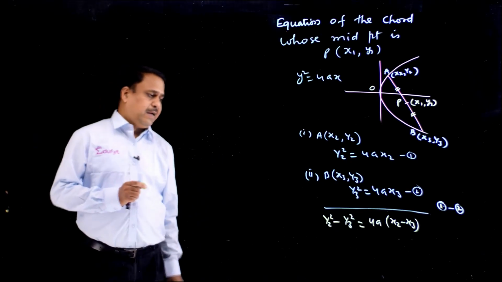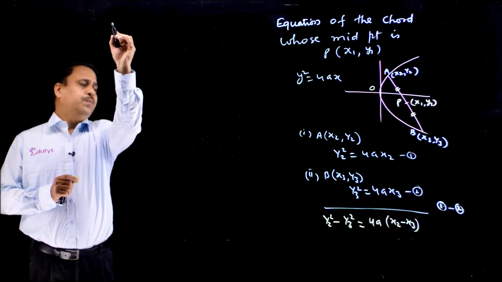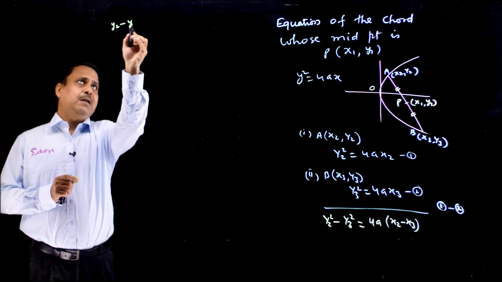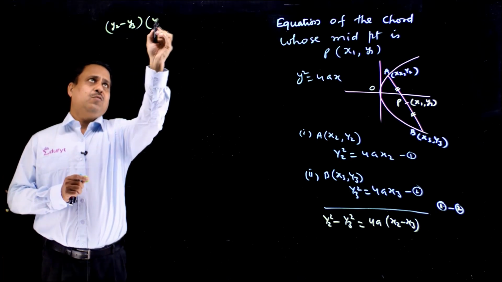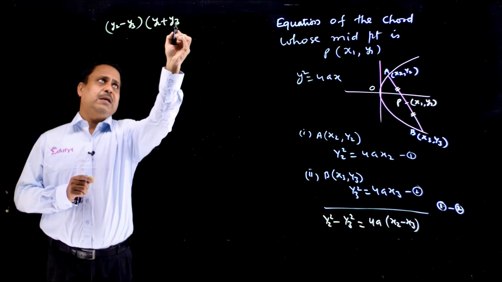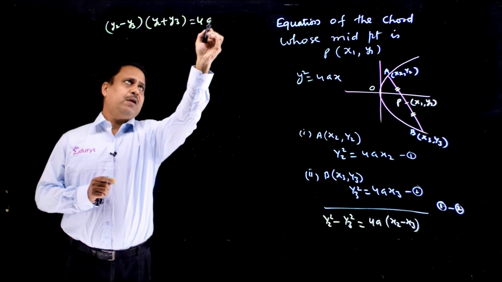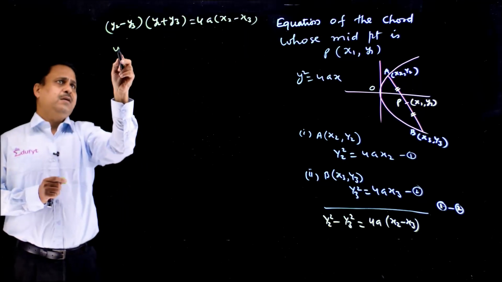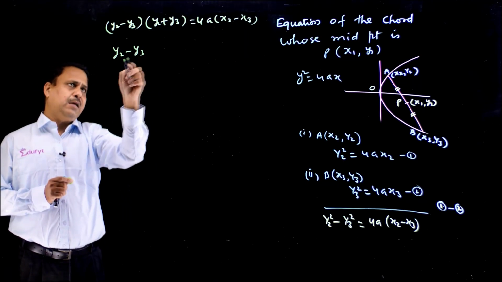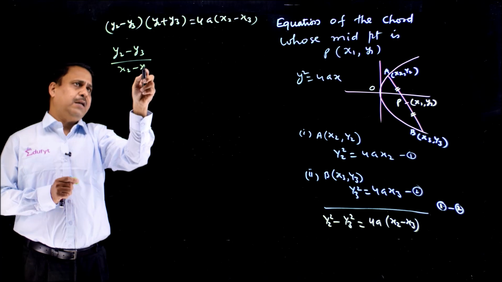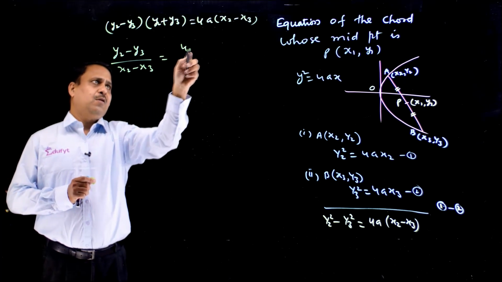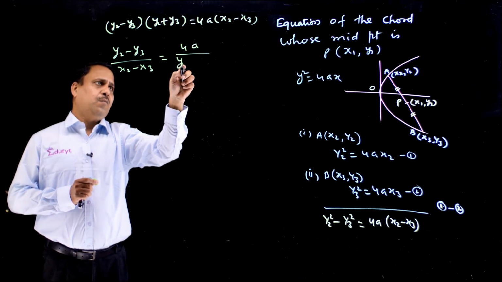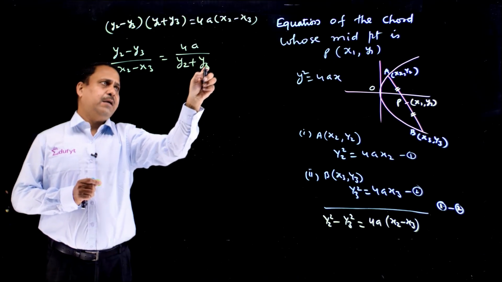So again what I can write here, (y2 minus y3) into (y2 plus y3) is equal to 4a(x2 minus x3), transferring. So (y2 minus y3) upon (x2 minus x3) is equal to 4a upon (y2 plus y3).